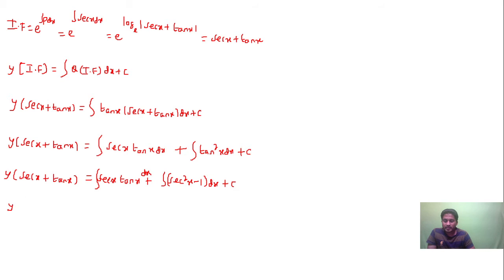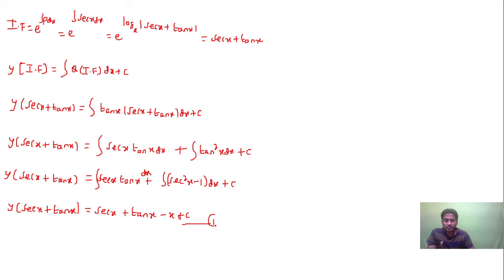So I get y times sec x plus tan x equal to, integration of sec x tan x is sec x, and integration of sec squared x is tan x, integration of dx is x, plus the constant c.